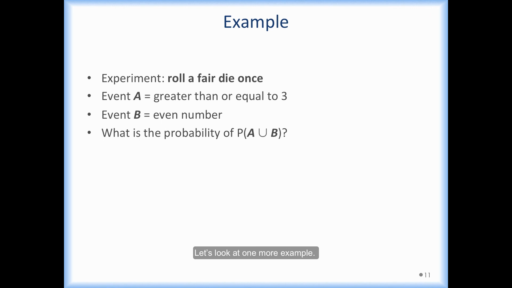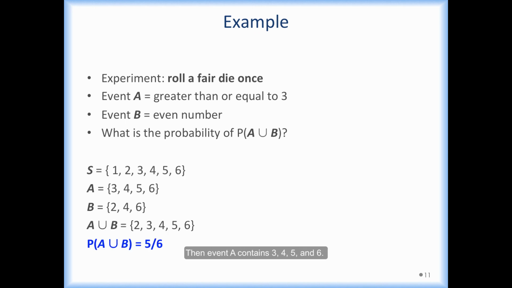Now, let's look at one more example. Let the experiment be rolling a fair die once. Let event A be getting a number that is greater than or equal to 3. Let event B be getting an even number. Then event A contains 3, 4, 5, and 6. Event B contains 2, 4, and 6.